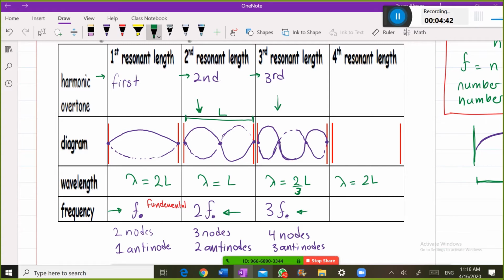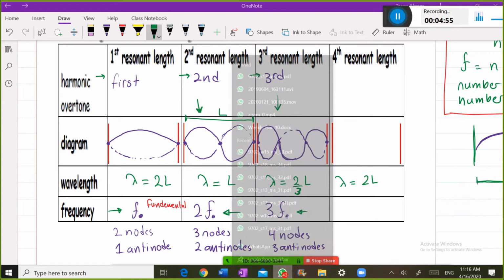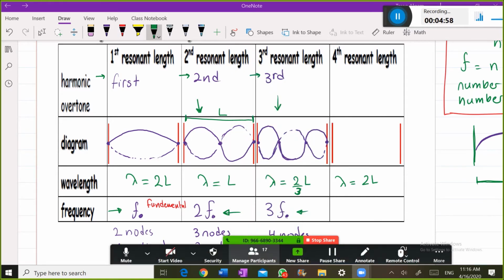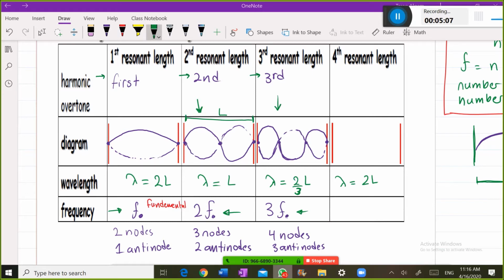The second point: any frequency between the first and second, or between the second and the third, at these frequencies we will not observe any standing wave pattern.